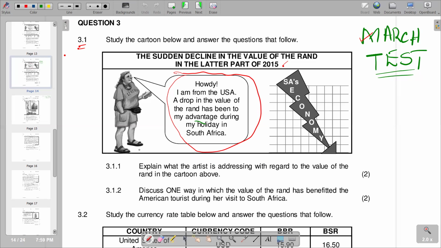It becomes cheaper from the side of the tourists because the US dollar has gained value.